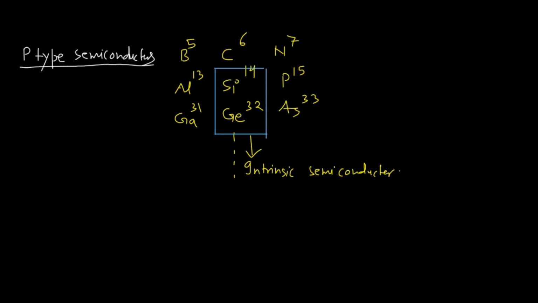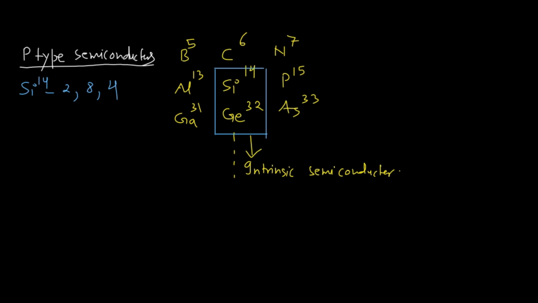Okay, first of all, you take any of these two, whether you take silicon or germanium. For simplicity, I am taking the example of silicon. This is silicon having the atomic number of 14, that will be 2, 8, and 4. Clear?